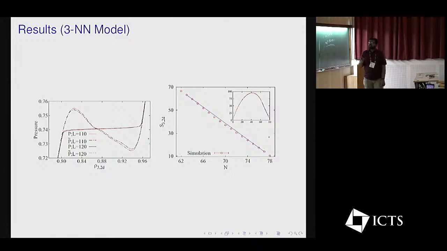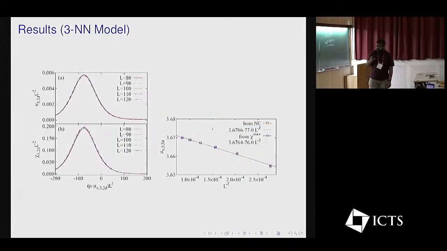The interesting part is that in this coexistence region, we have an entropy which has a non-convex region, and the starting and ending points of this non-convex region can be used to calculate the critical chemical potential. Here we have the critical chemical potential for different system sizes, and we can get the critical value for infinite system size by doing an extrapolation.